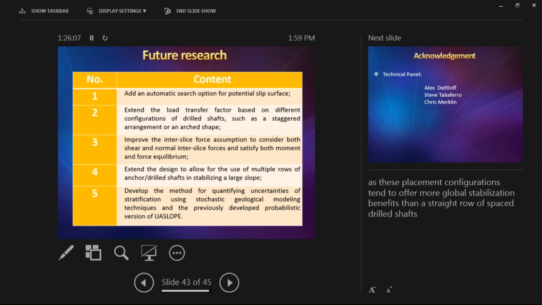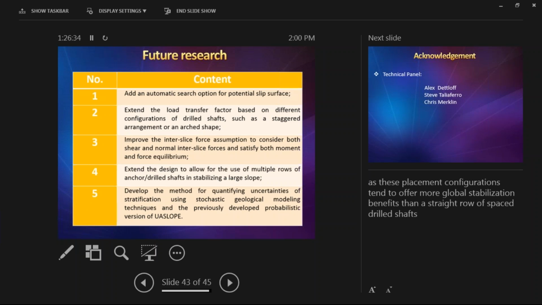Why don't you just use the Morgenstern and Price method to allow it to vary with location? So this could be a possibility if you so insist, but as we have done some comparisons, I don't think those assumptions really make the program deviate too much from those that satisfy all the equilibrium requirements, with the interslice force varying with location.